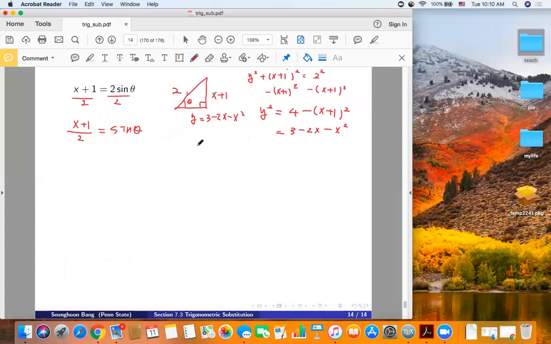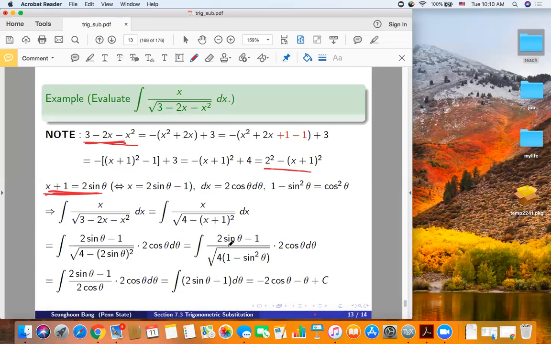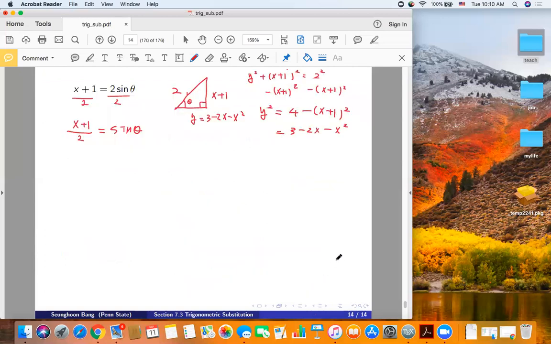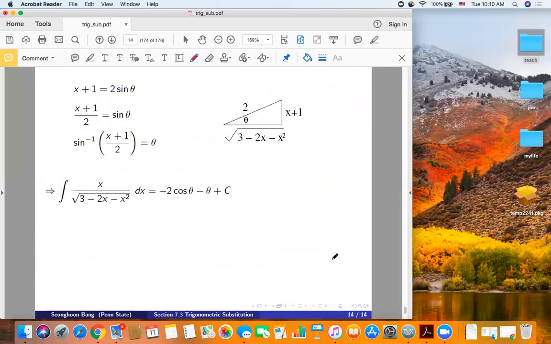So our calculation is negative 2 cosine theta minus theta plus c. Is that right? So here we change it like this: negative 2 times cosine theta.